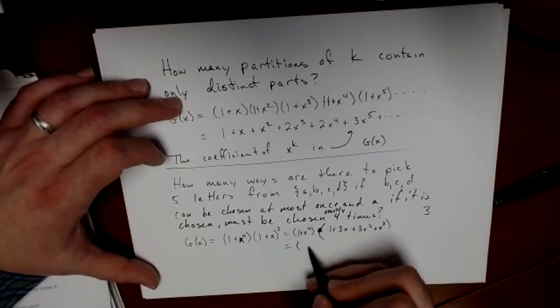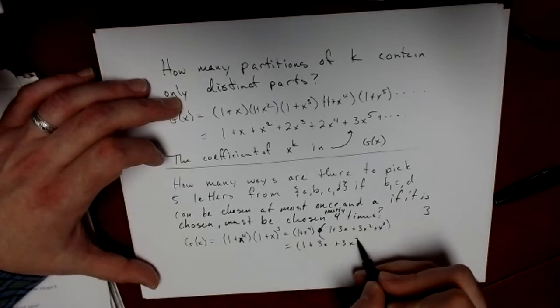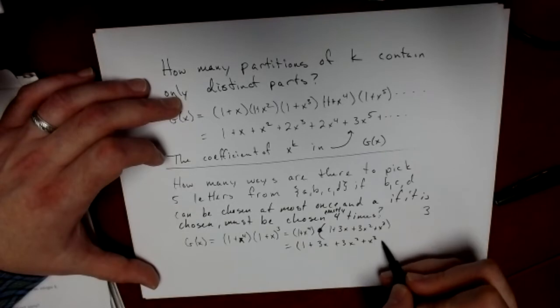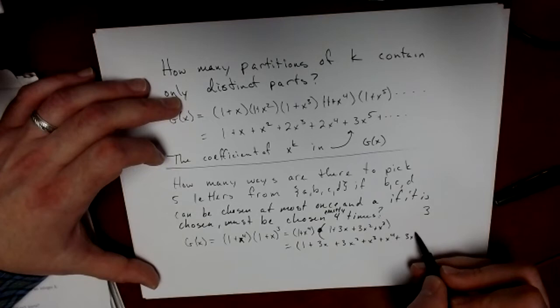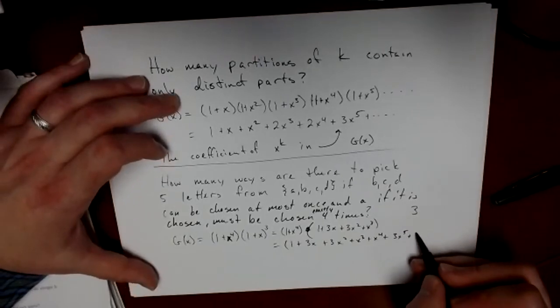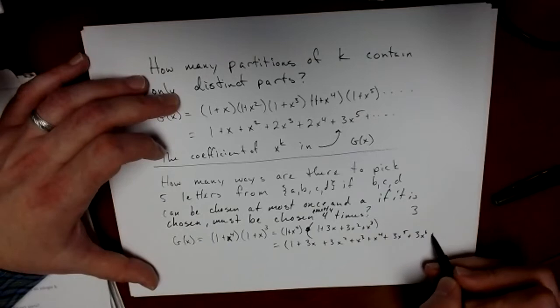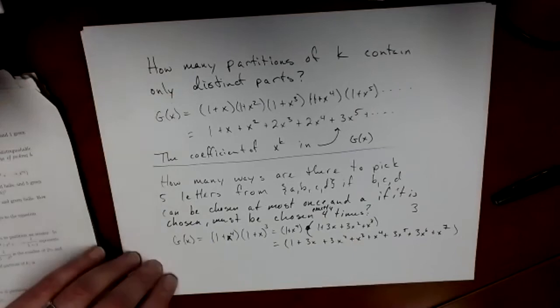So then the x to the 4th is just going to bump everything up, right? So 1 plus 3x plus 3x squared plus x cubed plus x to the 4th plus 3x to the 5th plus 3x to the 6th plus x to the 7th is that generating function.